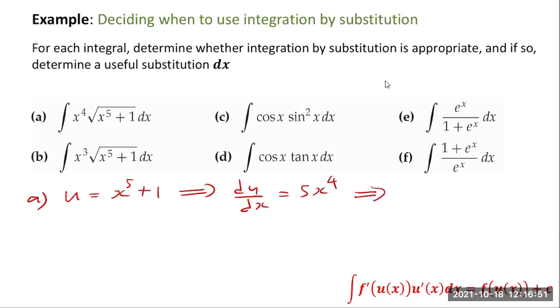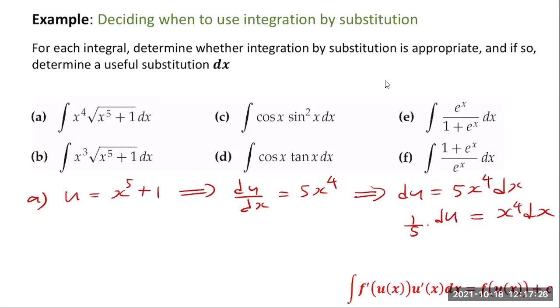That will give me du is equal to 5x to the power 4 times dx. Notice that I want here x to the power 4 times dx. I don't need a 5. So I'm going to divide both sides by 5. That will give me 1 over 5 times du is equal to x to the power 4 times dx. Now I am all set to go with the U substitution.